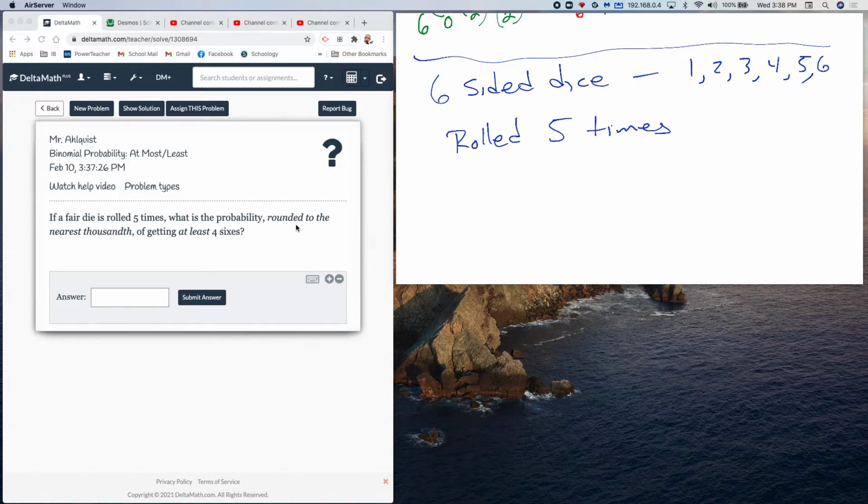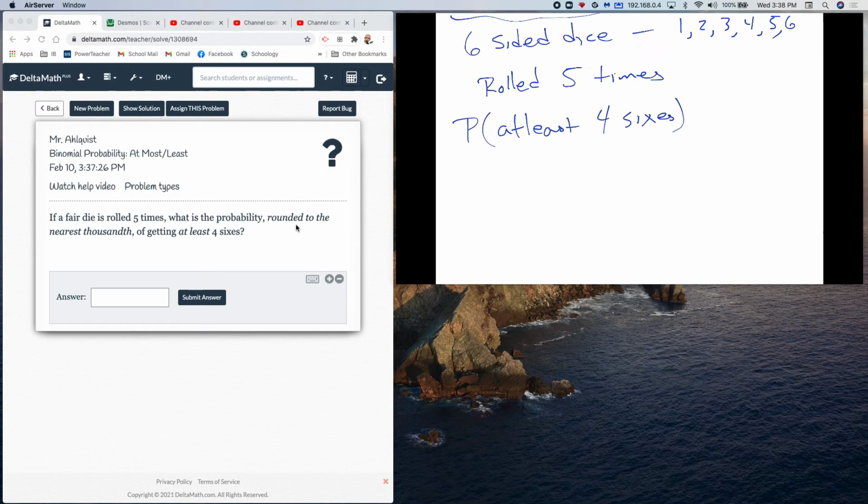And the question is, what's the probability of at least 4 sixes? Okay, so at least 4 sixes. That means we could get 4 sixes.